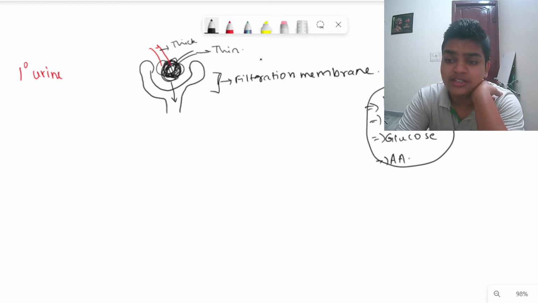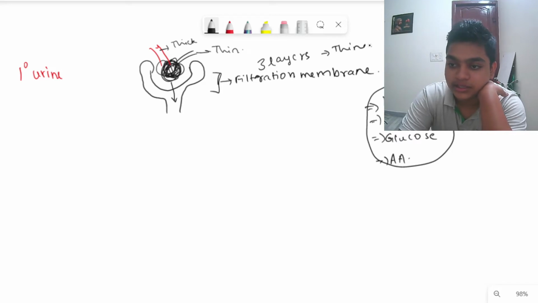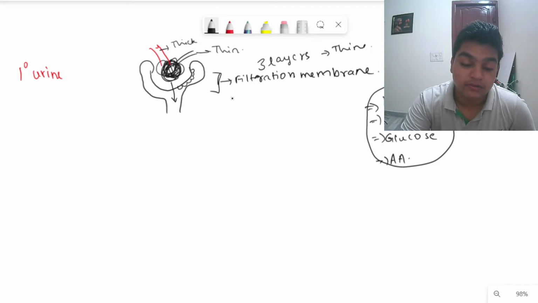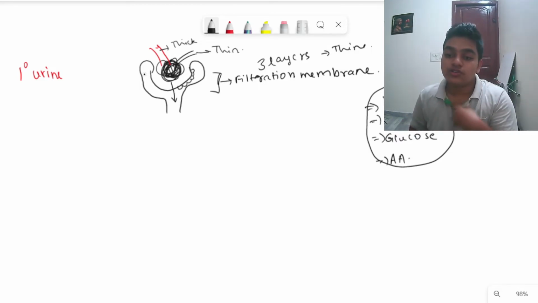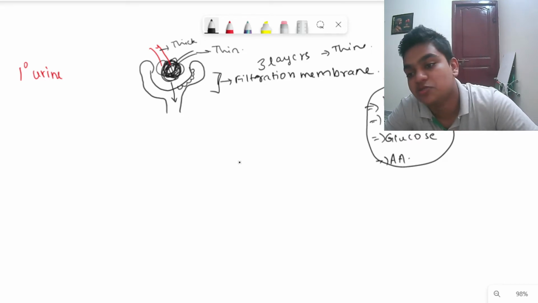Even though it has 3 layers, it is very thin. And since we have podocytes here, and the filtration pores or filtration slits are too small, larger size contents cannot pass through them. So this primary urine formed has to be reabsorbed in order to get these contents back.